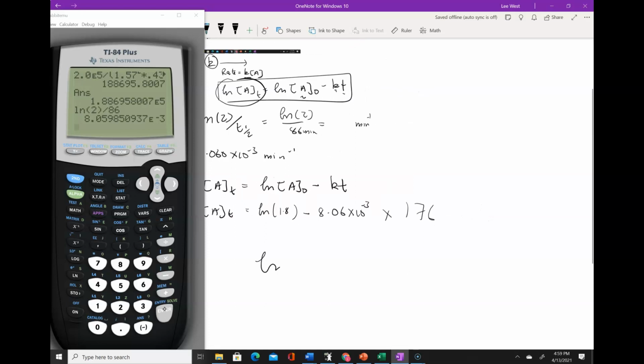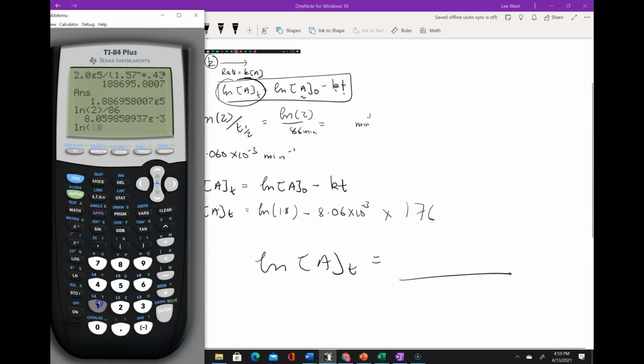So the log of A at time t. Now log values don't have any units, by the way. So log of 1.8 minus my answer from before, which was my k, times my t, which was 176.